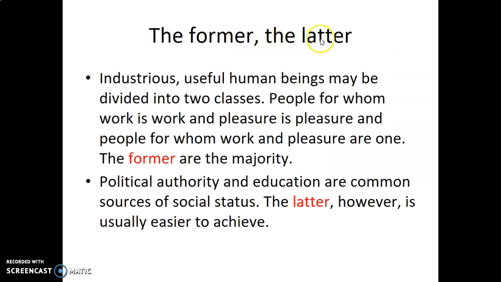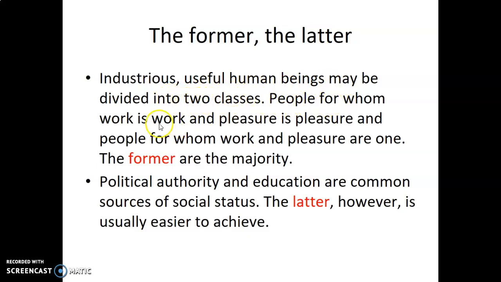The former and the latter. These are again very commonly used in writing and especially academic writing. So they also help you to organize a text, especially when you have to list two things. Now let's take a look at the examples. Industrious, useful human beings may be divided into two classes.